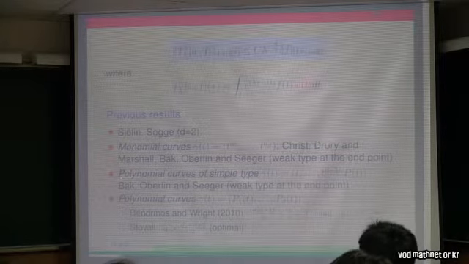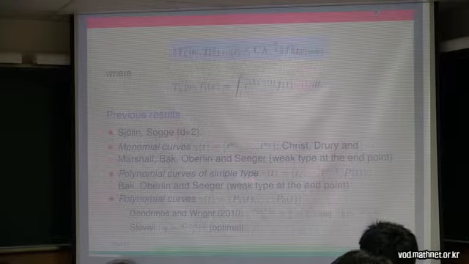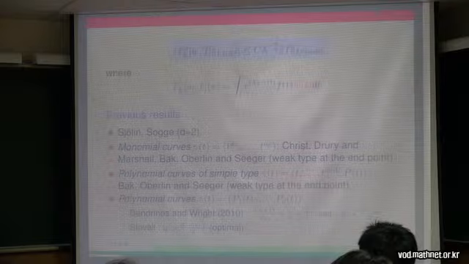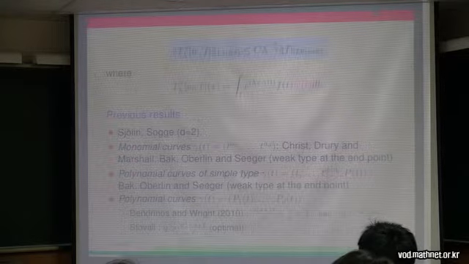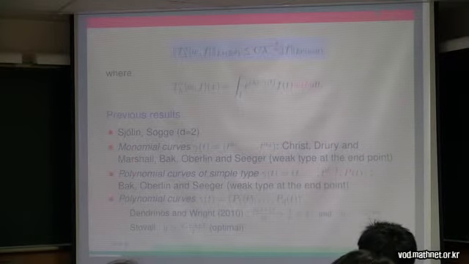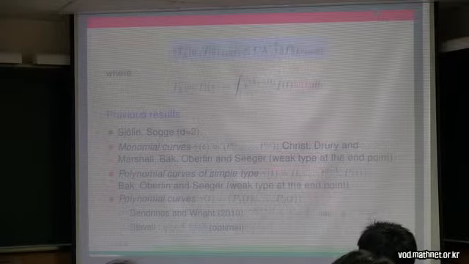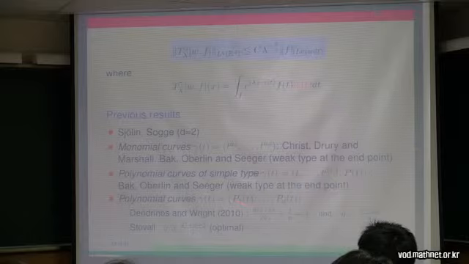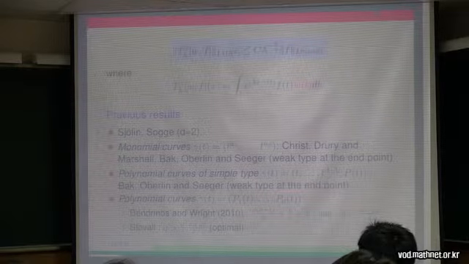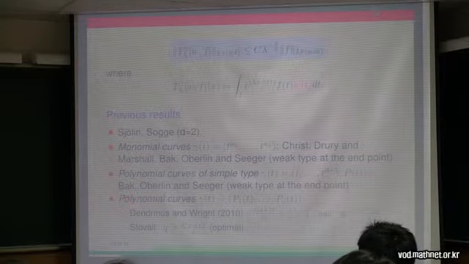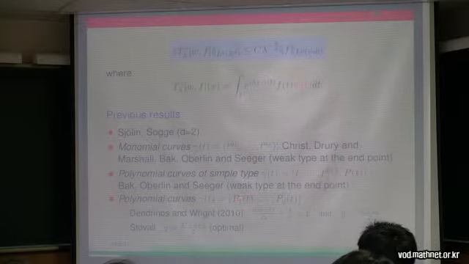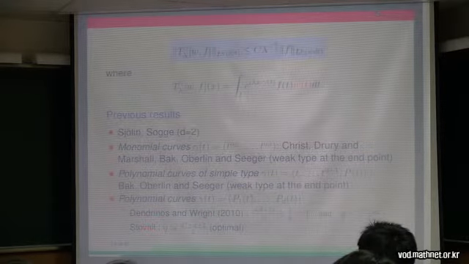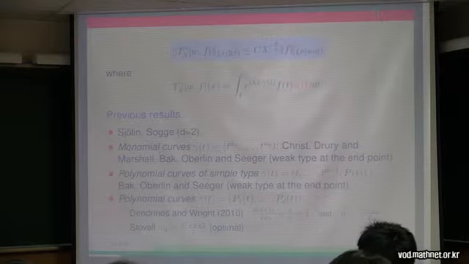And then for polynomial curves of simple type, curves defined by these, where the last exponent is only p(t), in this case one can see the weak type estimate at the endpoint. And then finally, for polynomial curves, Andrinos, Wright, and recently Stovall obtained the optimal estimate.